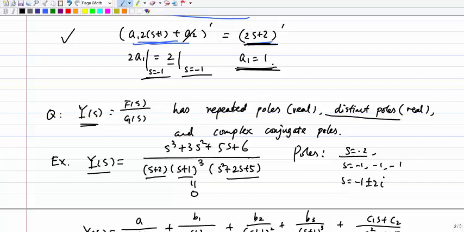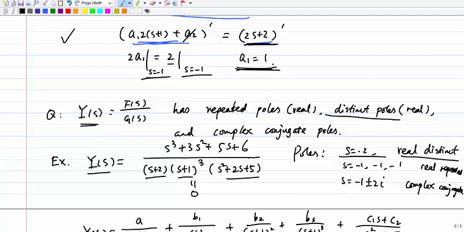Negative 2 is real distinct, because it's different from any other. This one is real repeated. This is complex conjugate. So we have 3 different cases I mentioned previously.